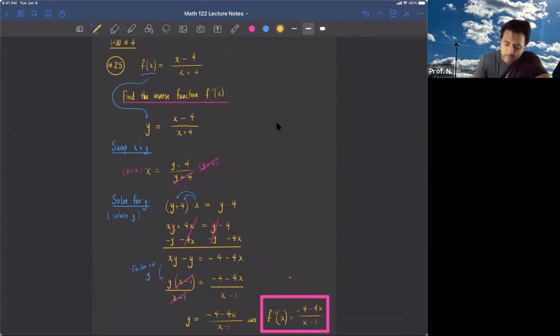So at this point, we found the inverse function. We're done. But if you want to rewrite it, which you totally can, you can factor out a negative 4 if you'd like, and this becomes negative 4 times 1 plus x over x minus 1. But at that point, it doesn't really add anything.